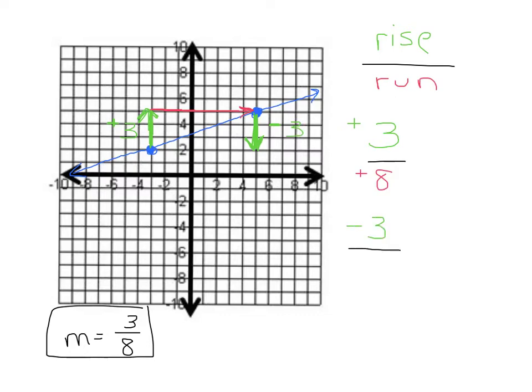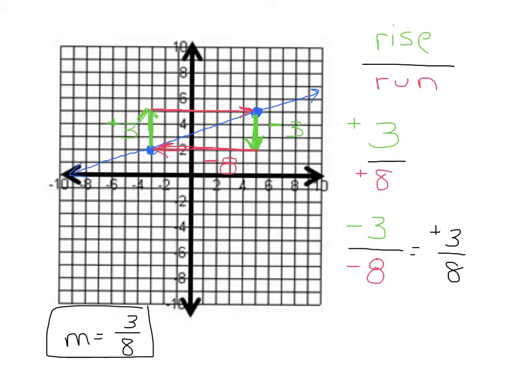Over my run, which in this case, if I go this direction, I'm going to have to go to the left 8 points, or in other words, negative 8. Now I need to simplify this. In this case, I had a positive over a positive, which gave me a positive answer. In the second one, I've got a negative divided by a negative. Well, a negative divided by a negative is always going to give me a positive answer. So I would say my answer is positive 3/8.